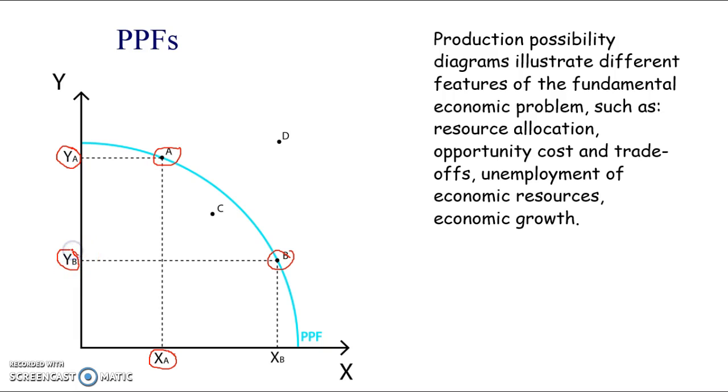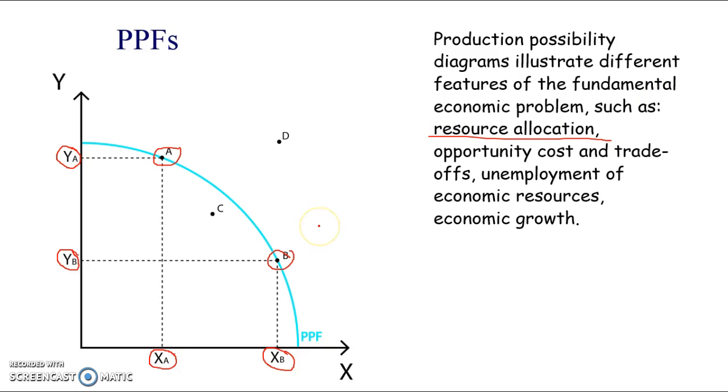We can see here that we're producing far less of Y and far more of X. So each point that's either on the curve or within the curve, I'll talk a little bit more about point D later, but any point on this diagram represents a different allocation of these factors of production in terms of their quantities. So we've done that one.